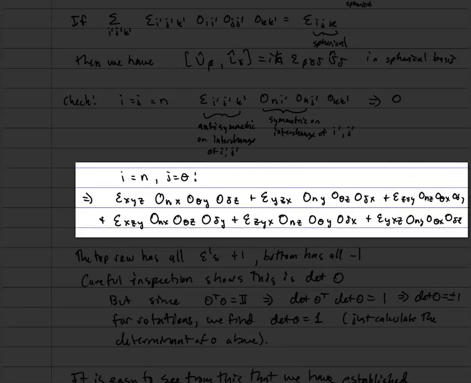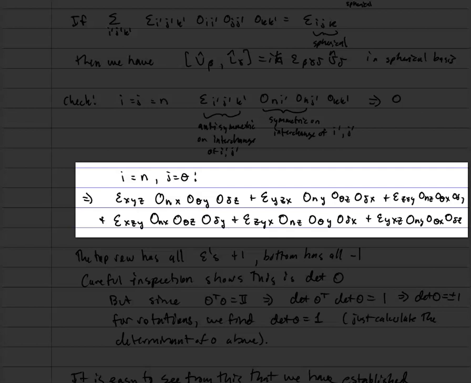Let's look at the case i equals n and j equals theta. Now I'm going to just enumerate all of the terms. I have epsilon_xyz O_nx O_theta y O_delta z, epsilon_yzx O_ny O_theta z O_delta x. And then you can go through and work out all of the extra terms. There's a total of 6 of them.